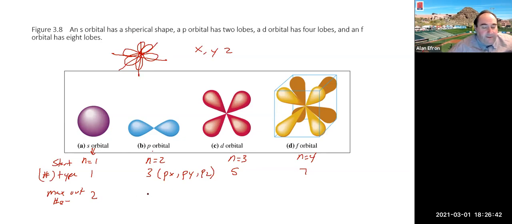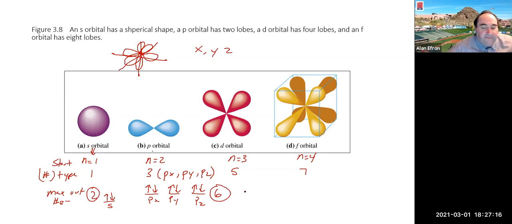Our p orbitals, because there are 3 different p orbitals, there's the px, the py, and the pz. We can put 2 electrons in each of these orbitals, and that is 2, 4, 6 total electrons if we max out all 3 of those p orbitals.